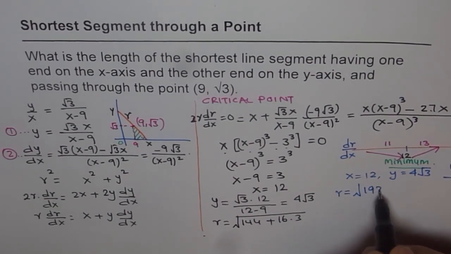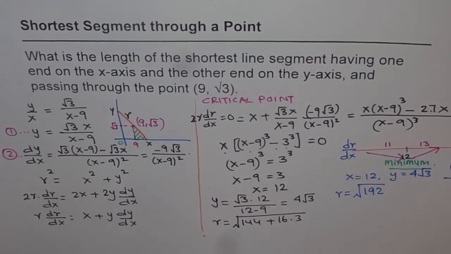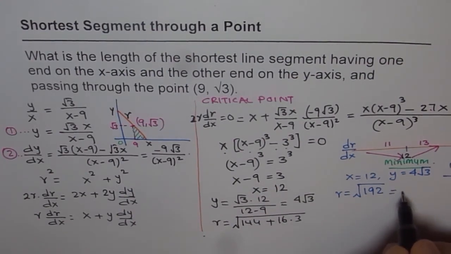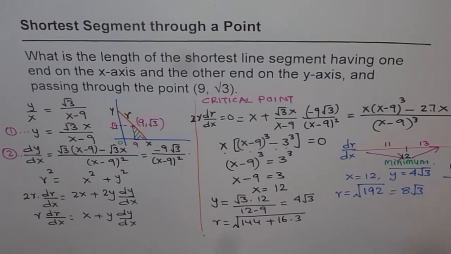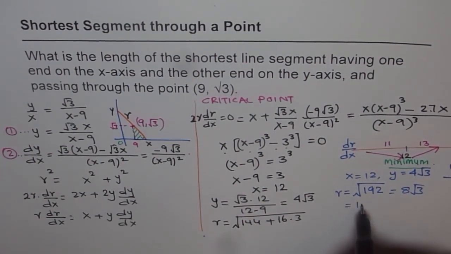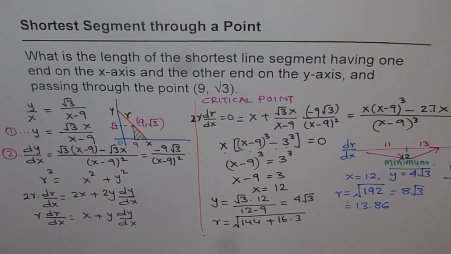So square root of 192 is our answer. We can just use a calculator. Square root of 192 is equal to 8 square root 3, that's the exact value. You can change it and get 13.856. We can write 13.86 as the approximate value. So that is the value of r which you get.